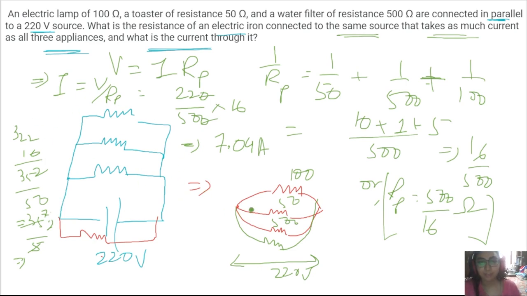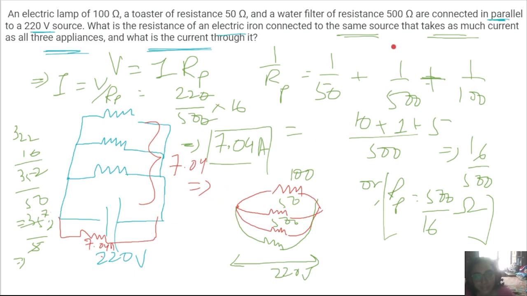Now they are saying that, for example, if I attach another resistance to the same source that takes as much current as all the three appliances, then what is the resistance and what is the current through it? So we've already found out the current. They have said that the current through the fourth resistance will be the same as all the three combined. That means if all the three have 7.04 ampere together, then this resistance alone will take a current of 7.04 ampere. Okay.